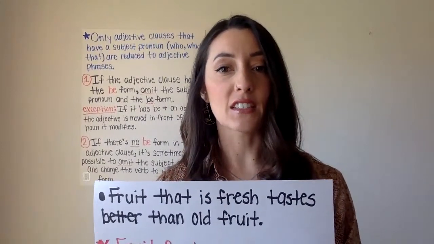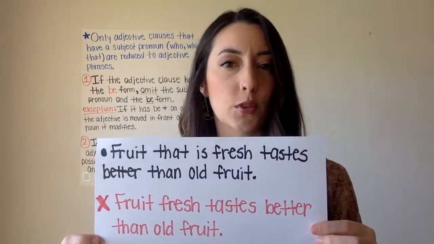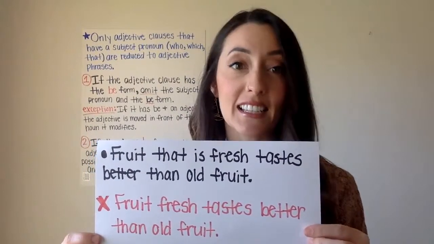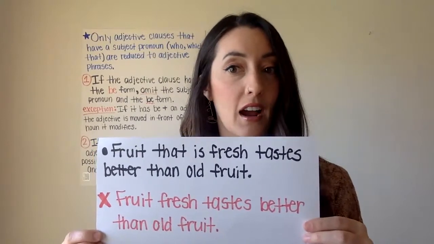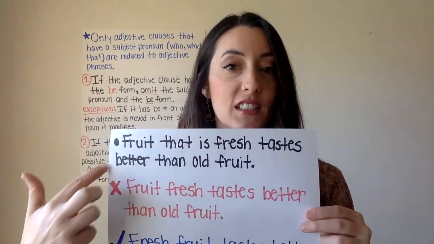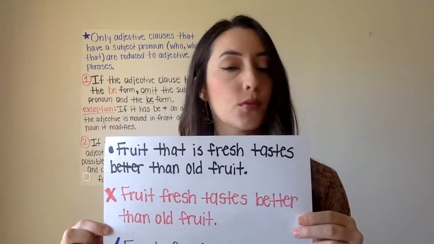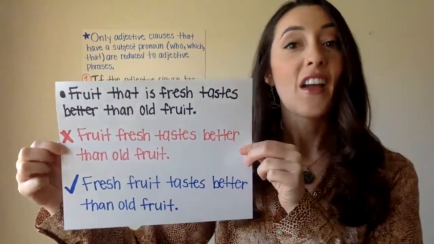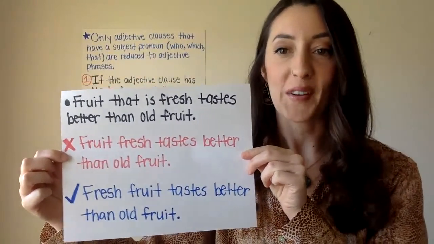So then that leaves us with fruit fresh tastes better than old fruit. But that doesn't make sense, right? Because in English, the adjective needs to come before the noun it modifies. So in this case, we need to move that adjective before the noun. So we wouldn't say fruit fresh tastes better than old fruit. We would say fresh fruit tastes better than old fruit, okay?